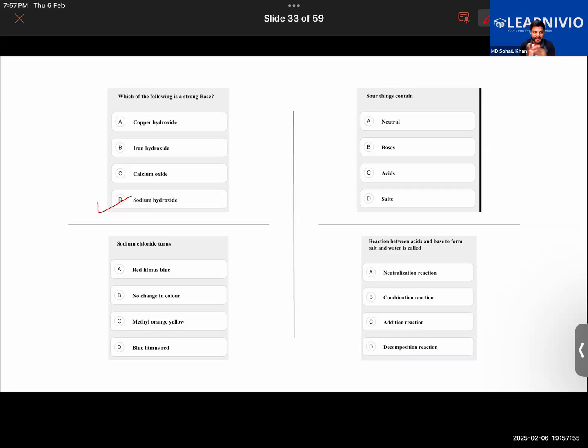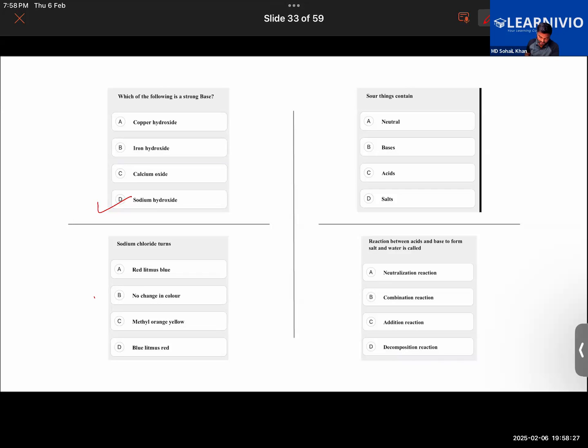Is it acidic or basic or simply neutral? No change in color, because sodium chloride is neutral in nature. So it will not change the color of any of the indicators. You get my point?